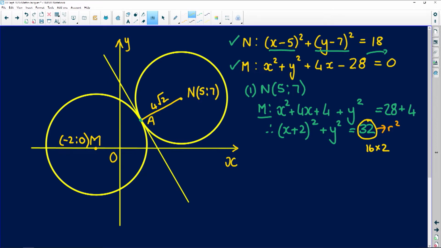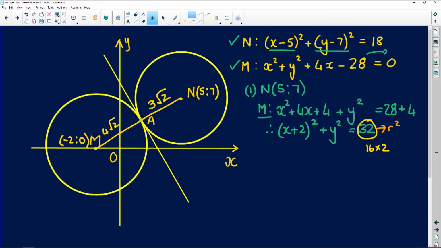There's our center, there's our other center. That is the circle at N. Let me just move that to this side. That's this radius here. The radius for the other circle is the root of 18, and that is 9 times 2, so 3 times the root of 2.